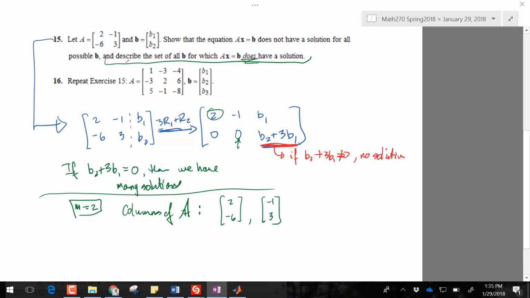Right, so these are the columns of A. So that says that columns of A do not span all of R2.